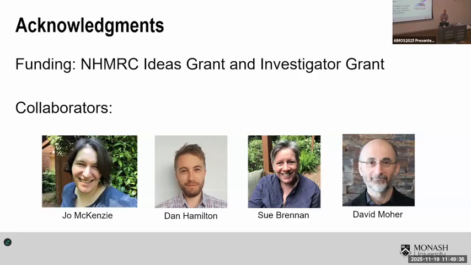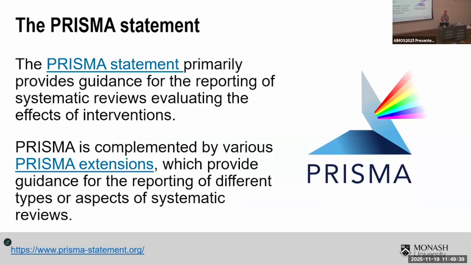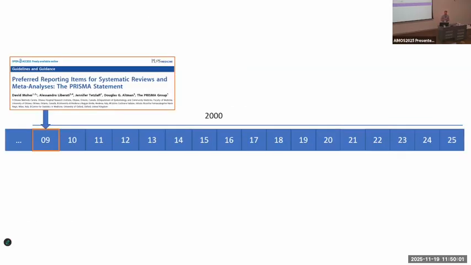For those of you who don't know, the Prisma statement is a reporting guideline that primarily provides guidance for how to report a systematic review that evaluates the effects of interventions. And Prisma is complemented by various extensions which are meant to provide guidance for different types or aspects of reviews. So how have they all come about? Essentially, Prisma was initially published in 2009, led by David Mower and colleagues, and then updated by myself and colleagues in 2021.